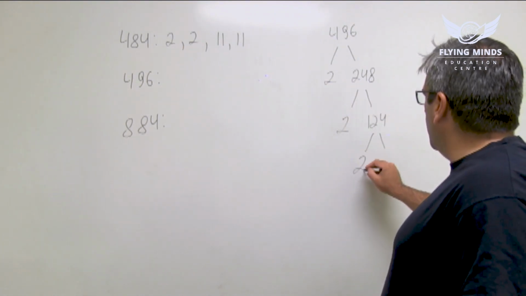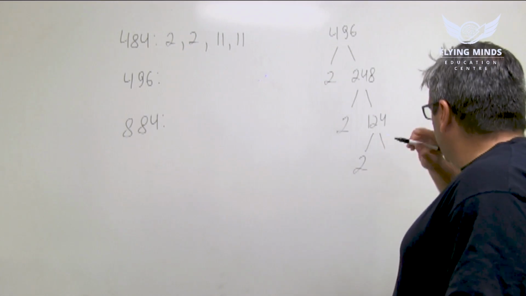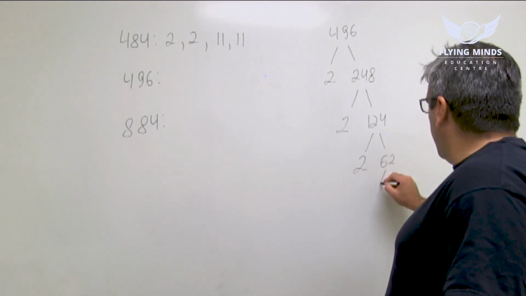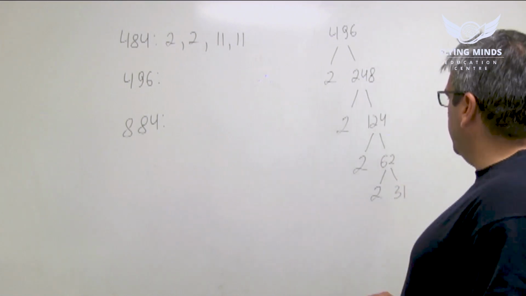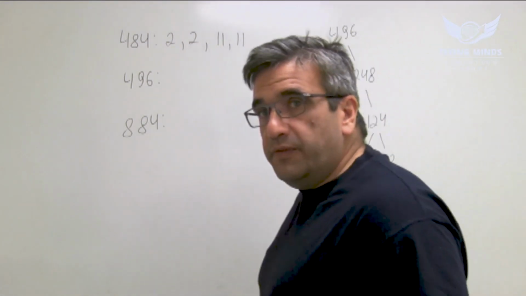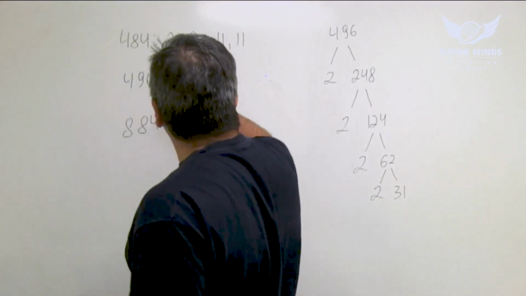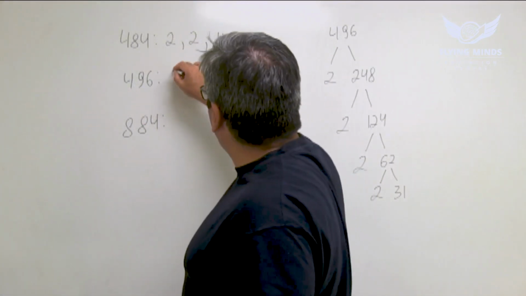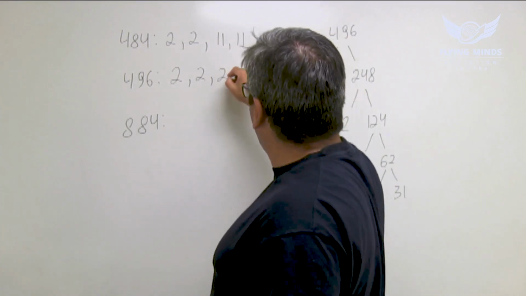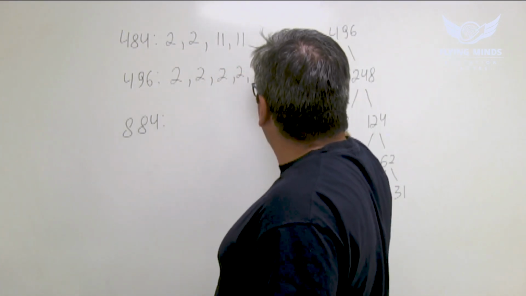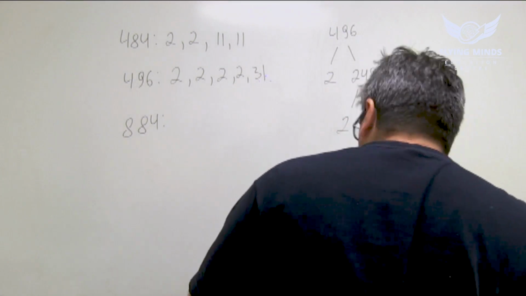Even number, so it will be 2 and 62. So it will be 2 and 31. So we're done with our prime factorization. So our prime factors will be 2, 4 2s, and 31.